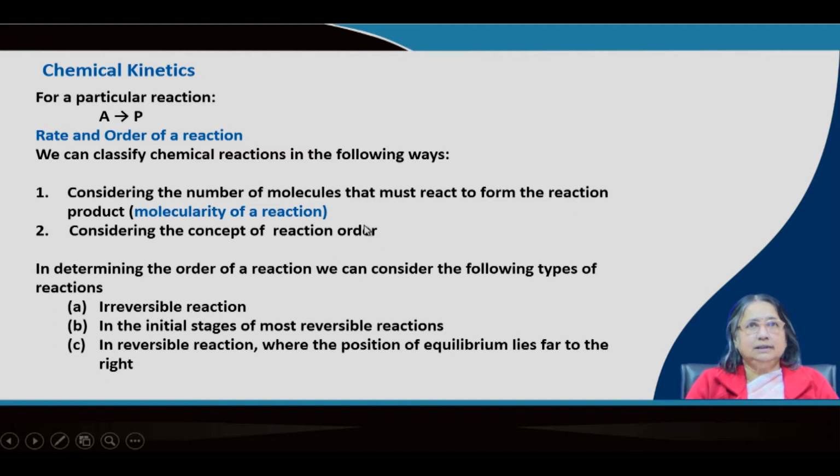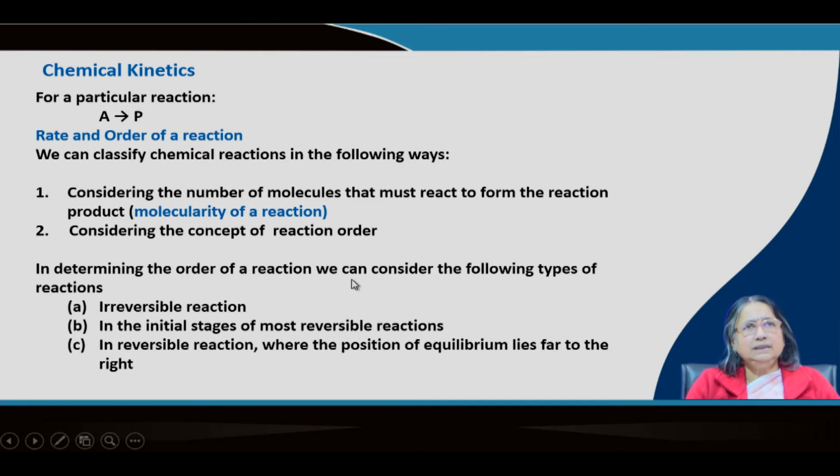We cannot tell just from seeing a balanced equation that the order of the reaction is 2 or 1 or 0. Sometimes the molecularity and order may be the same, but not necessarily; it may be different also. That is a very important concept for chemical kinetics.